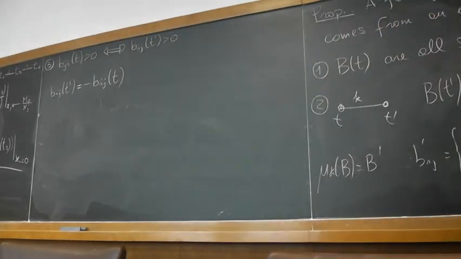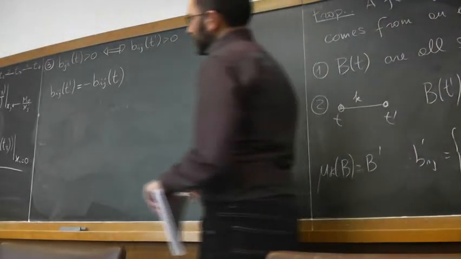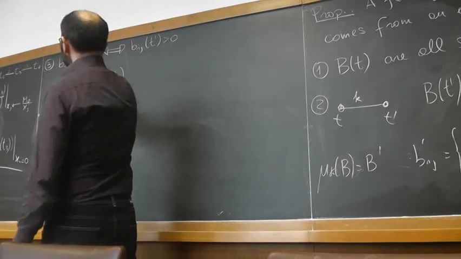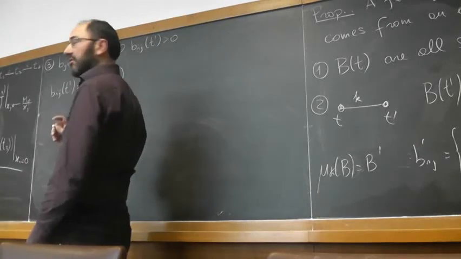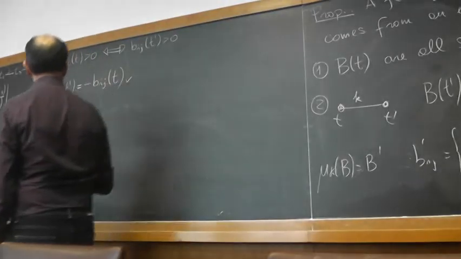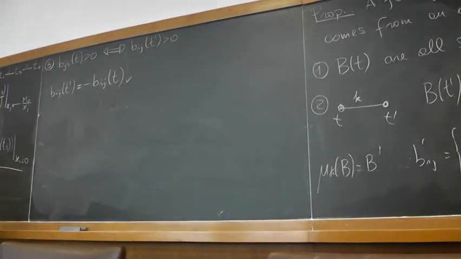And since the matrix B is skew-symmetric, b_ijt has the opposite sign to b_jit.